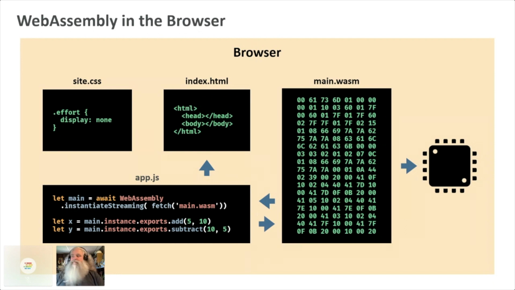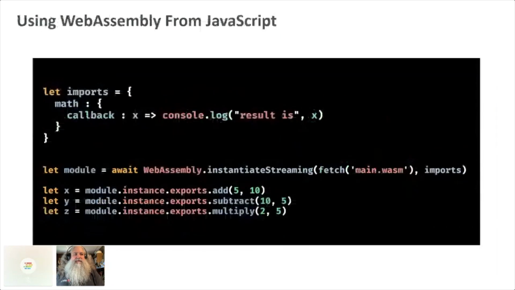WebAssembly cannot talk to the DOM yet. It's being worked on. It's a hard problem, but it can talk to JavaScript, which can talk to the DOM. So you can write glue code to solve that problem. But this is just sort of the ecosystem these modules live in.